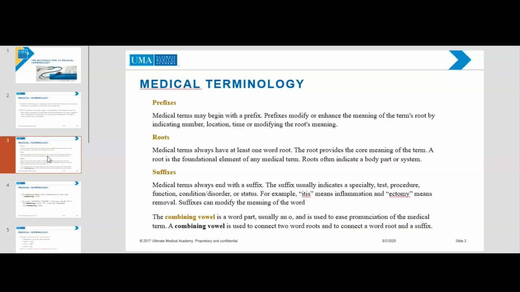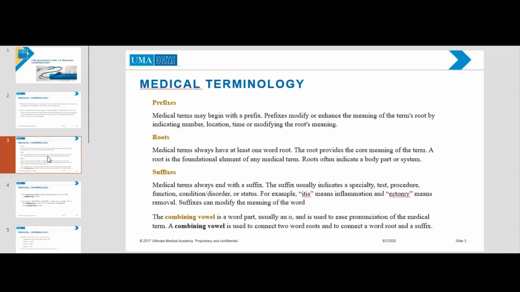Let's talk about word roots or root words. This is the main part or the stem of the word. A word root conveys the essential meaning of the word and frequently indicates a body part. With a combining form, the word root and a combining vowel such as I, E, or O may be combined with other root words, a prefix, or a suffix to describe a particular structure or condition.